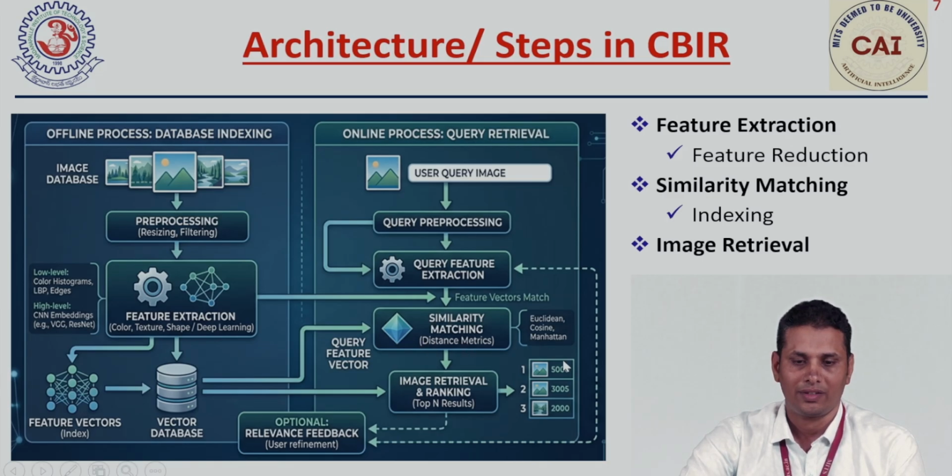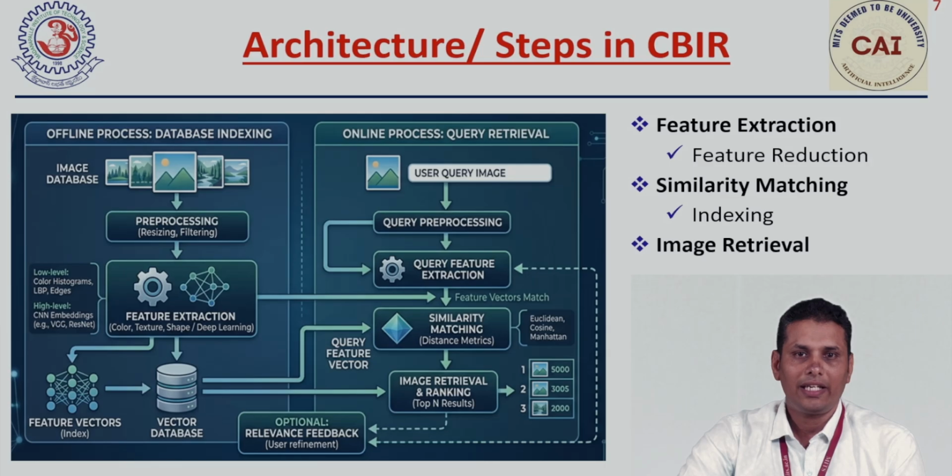The final step, from the database we evaluated, is image retrieval and ranking. Here the final step is that I need to give the exact value, or the percentage, of similarity indexing or matching.